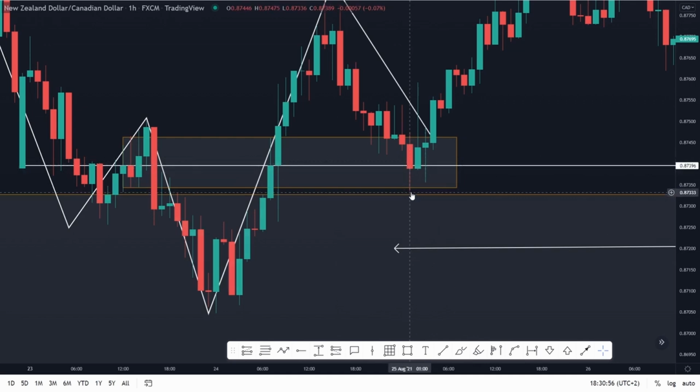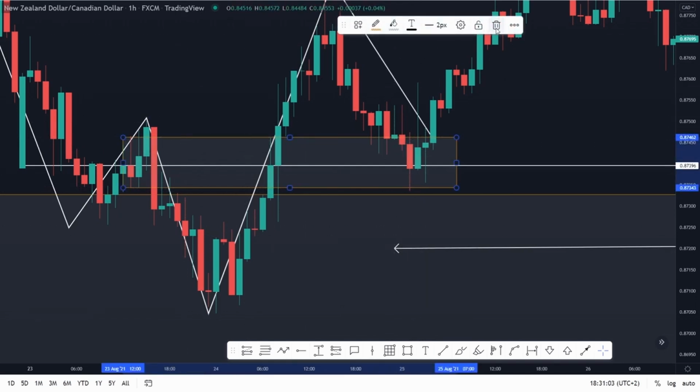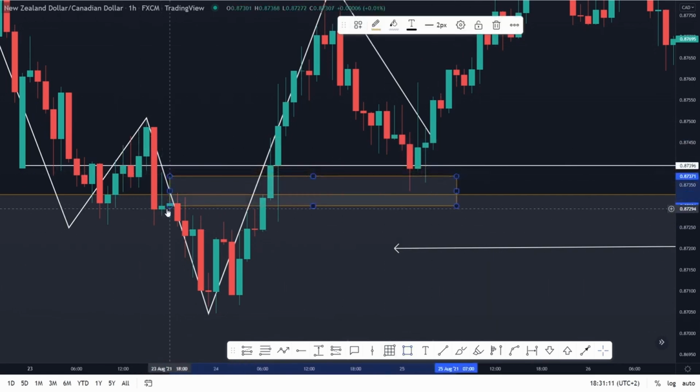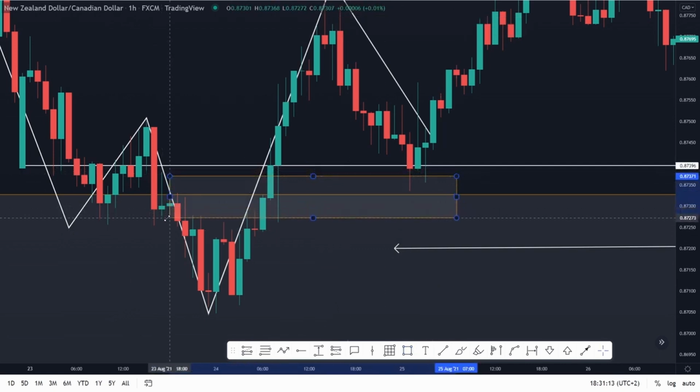So this one here, the wick invalidated this line here. So we'll find another one on the left side of the market, which is this one over here. From the wick to the body, we can see that price action went inside this zone here.